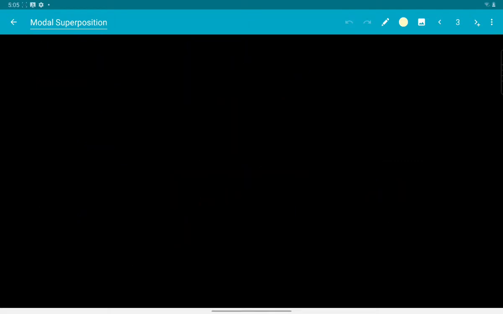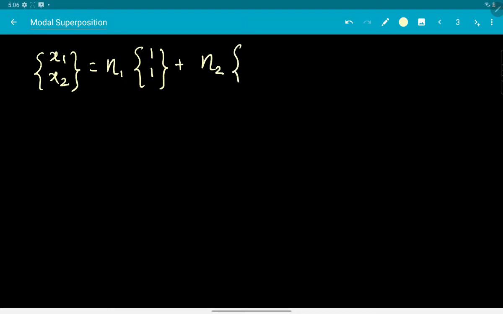This is also called the modal expansion theorem or modal superposition, in which the displacement vector is assumed to be formed of these mode shapes. These contributions are going to change with time, and we are going to find out these contribution coefficients.